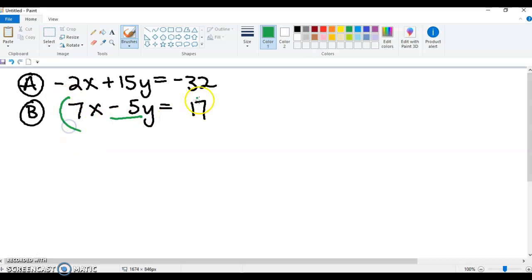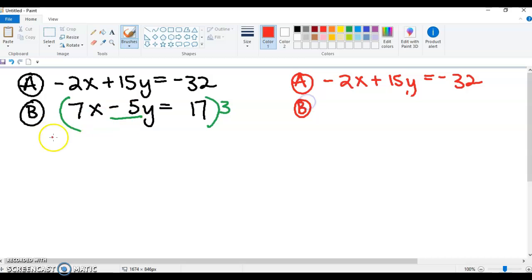So what I'm going to do is multiply this entire equation by 3. So let me write equation A over here real quick, and it's going to stay the exact same. So negative 2x plus 15y equals negative 32. Now for equation B, I've got to multiply everything by 3. 3 times 7, 21x. 3 times negative 5, negative 15y. 3 times 17 is 51.